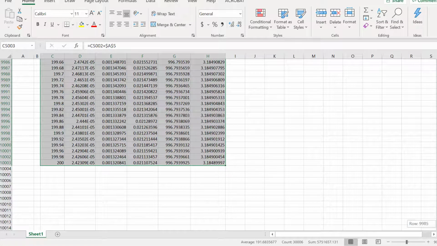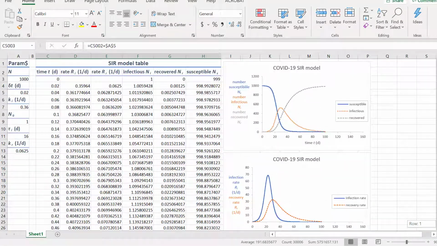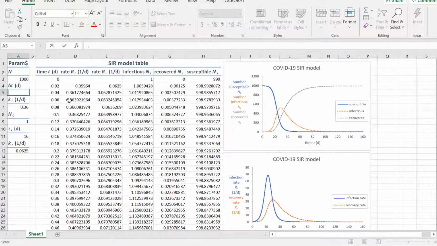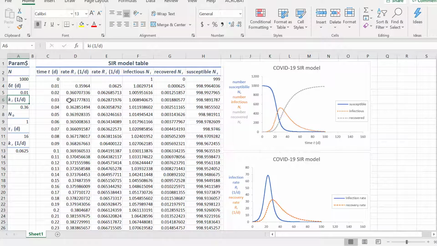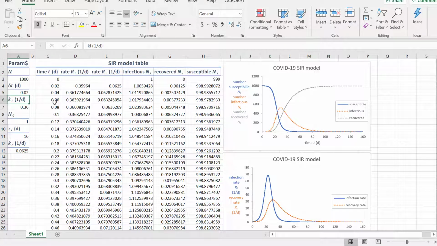Okay, so now it goes out to 200 days, and I can make my time step a little smaller. If I make it 0.01, alright, so if we look at this, if I put 0.02, can you see that really the only thing that happened in this graph was that it just extended?